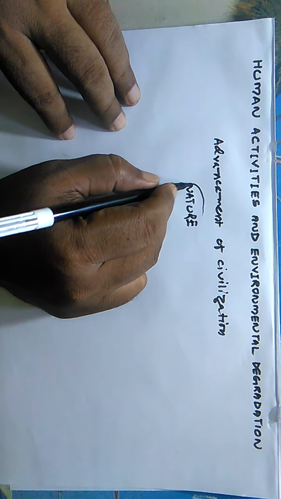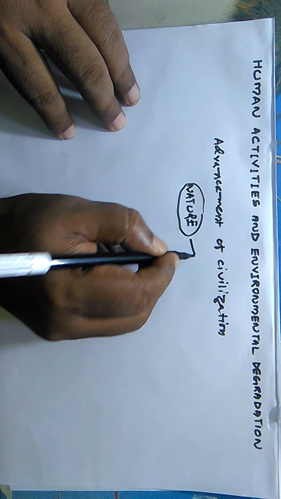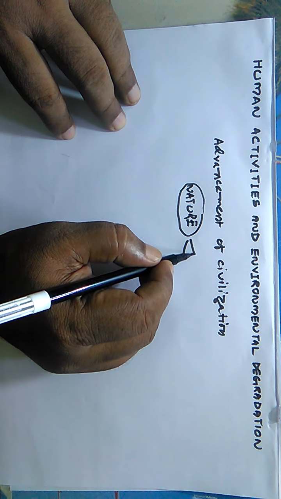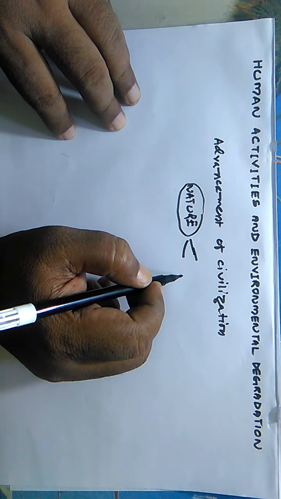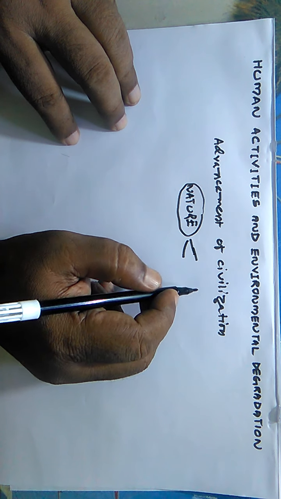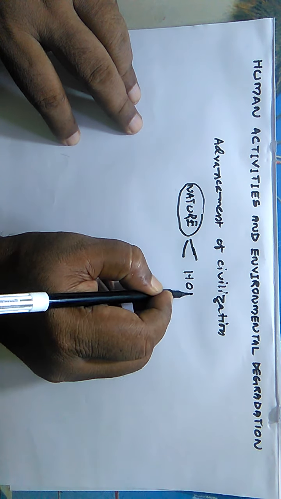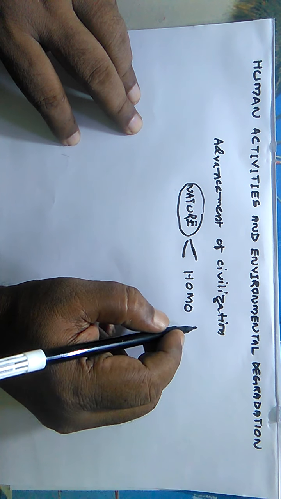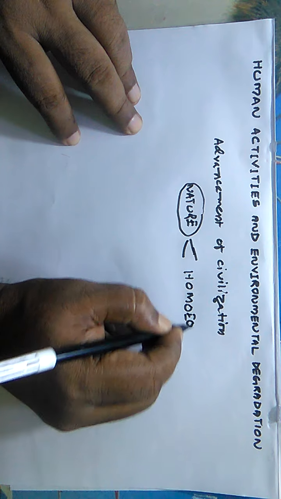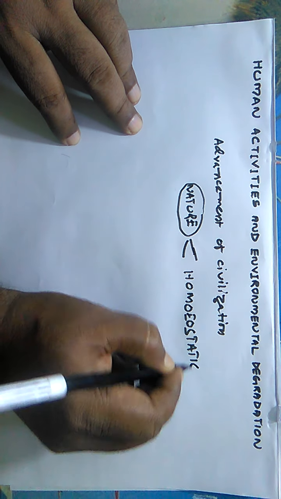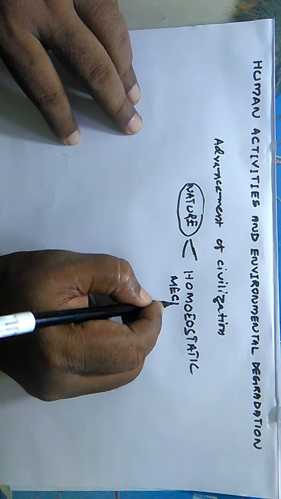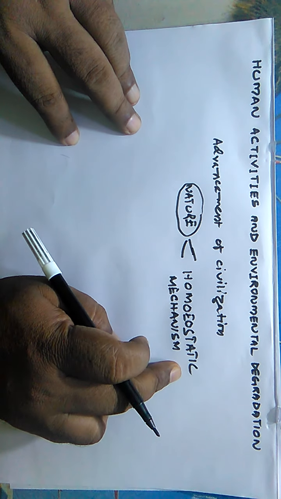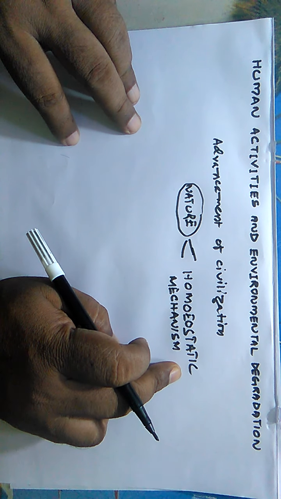That is, whatever you use from nature, if it is within the limits, it has the capacity to restore itself, and that we call the homeostatic mechanism. That is, the capacity of the environment to replenish itself.